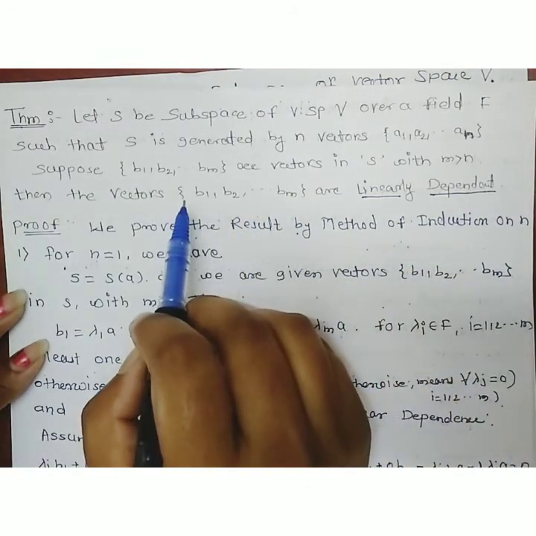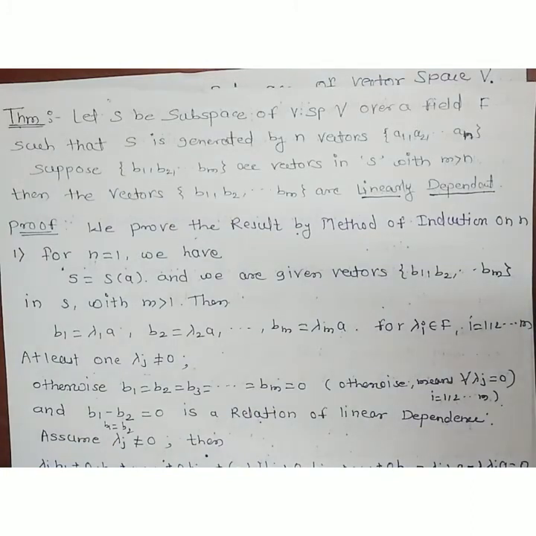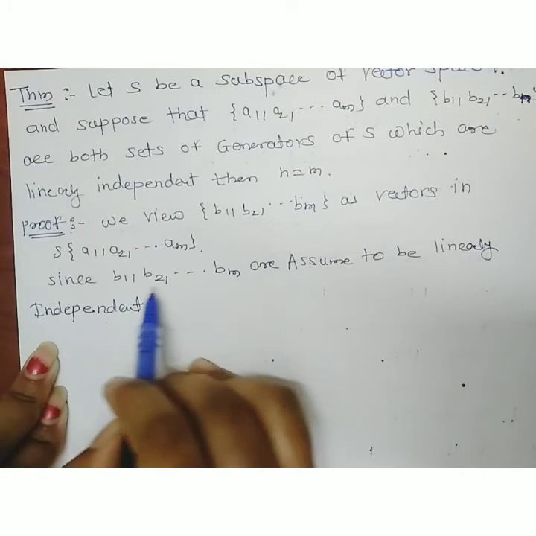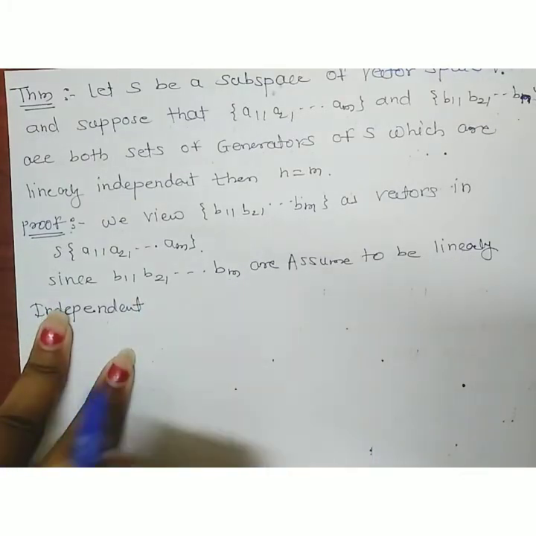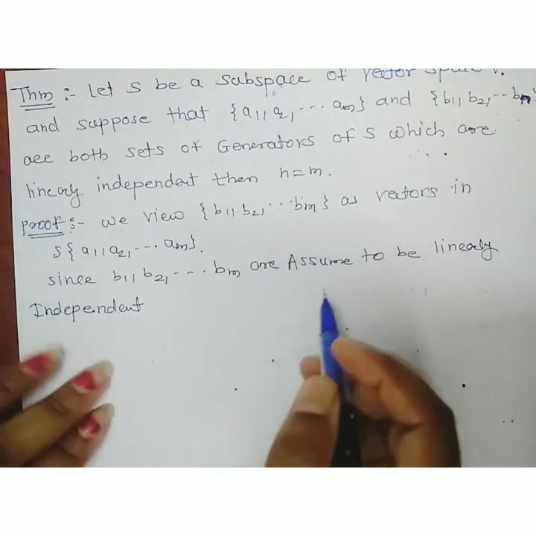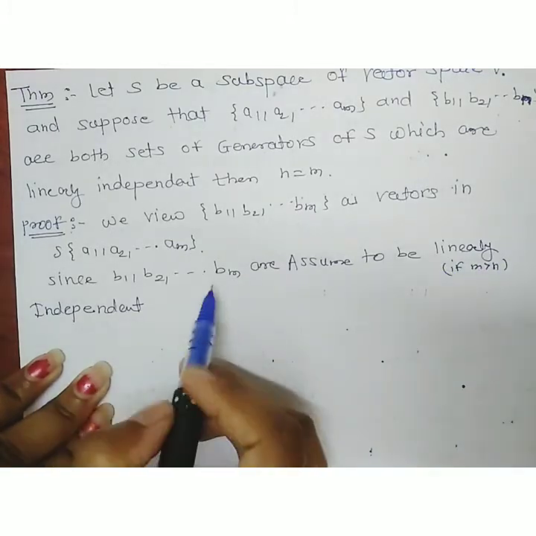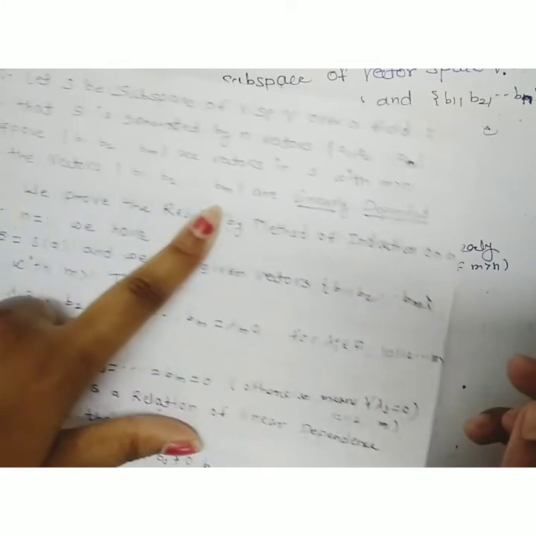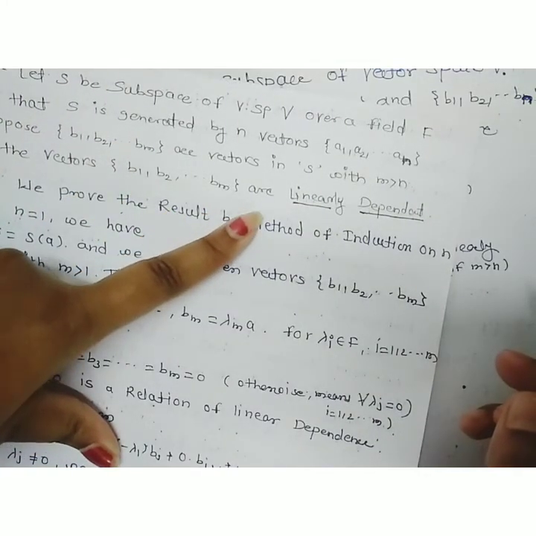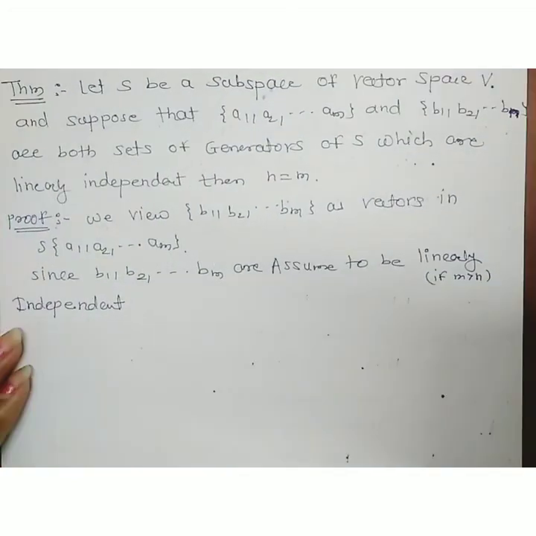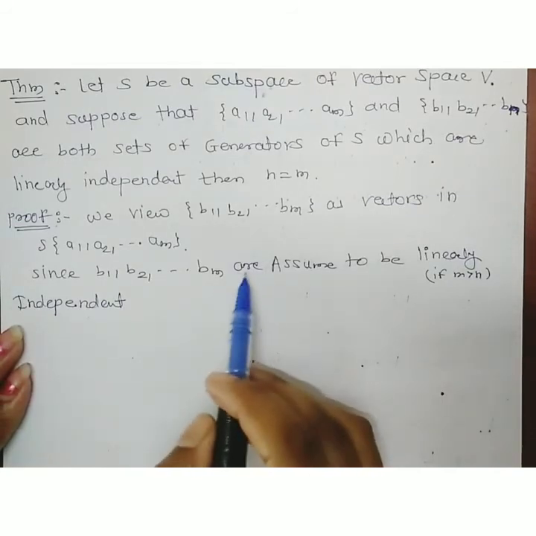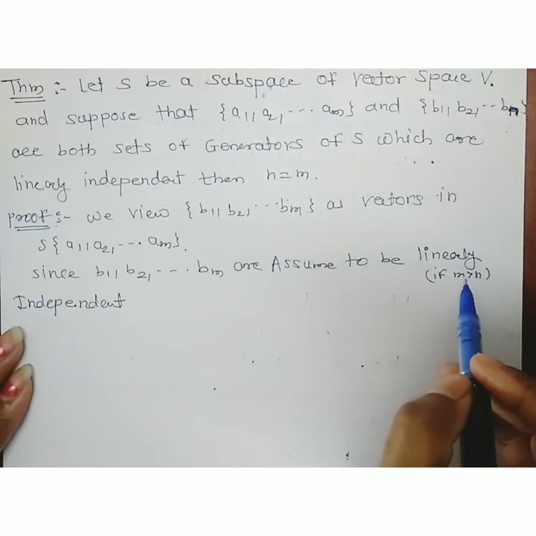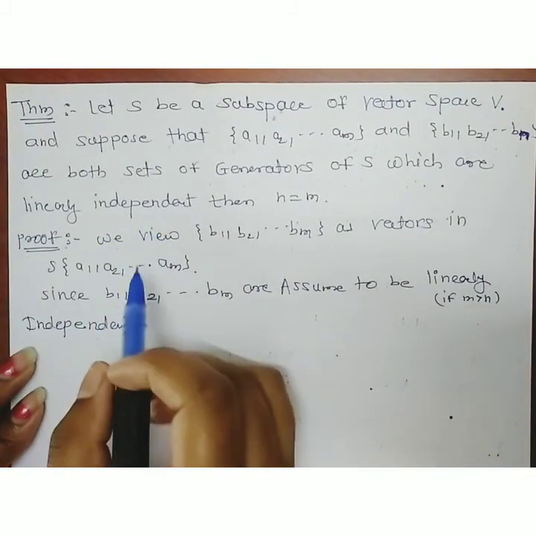Now, if we consider that m is greater than n, then this set of vectors B1, B2, Bm is linearly dependent by the previous theorem. But we have been given that both sets are linearly independent. Since B1, B2, Bm are linearly independent vectors, if m were greater than n, these vectors would be linearly dependent by that theorem, but the statement says they are linearly independent.